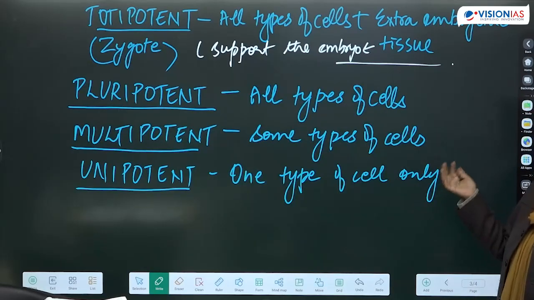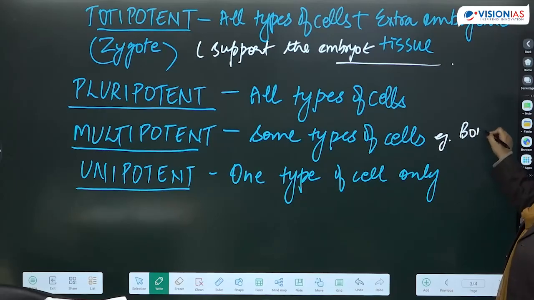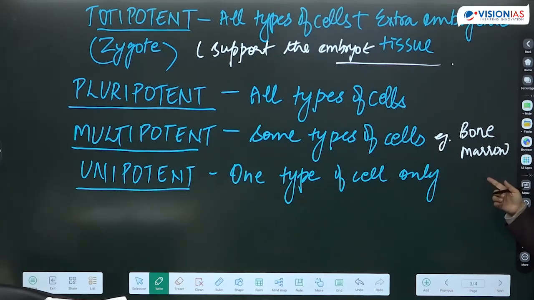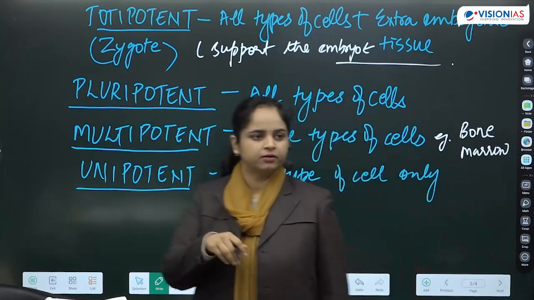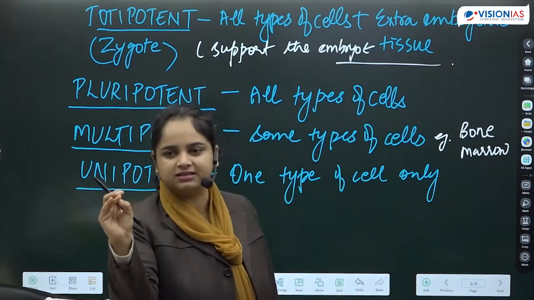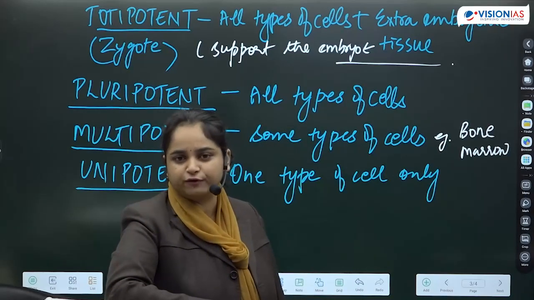Multipotent में we are saying some types of cells. So इसका example can be something like bone marrow. Bone marrow के जो stem cells हैं, they will form all the cells of blood. Red blood cells बनाएंगे, white blood cells बनाएंगे, platelets बनाएंगे, and white blood cells also further they are of so many types, right?